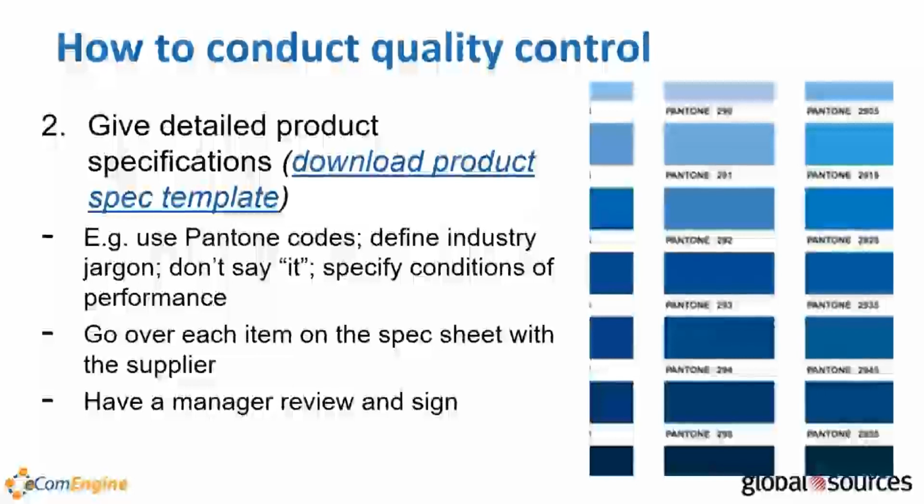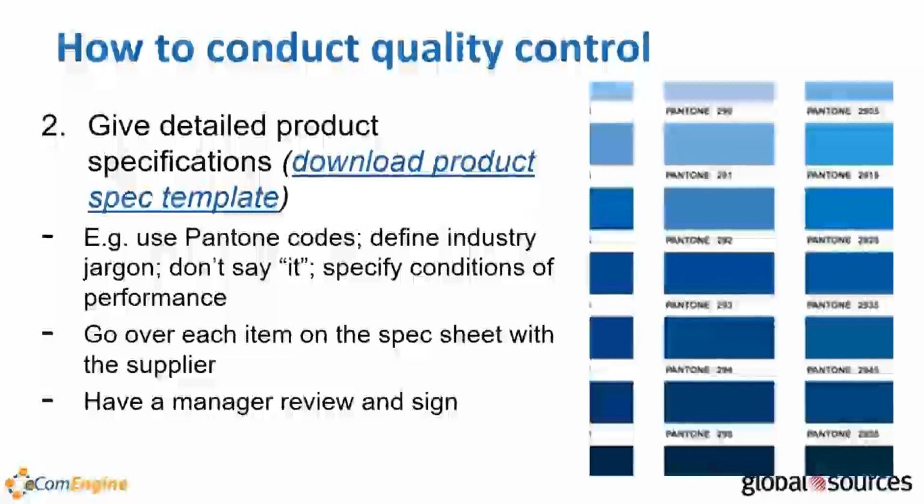Secondly, if there are industry terms that are used to describe certain functions or features of a product, describe them at the outset and ensure that the supplier has the same understanding as you. So a detailed product specs document will minimize the chances of the supplier cutting corners because of unclear instructions.